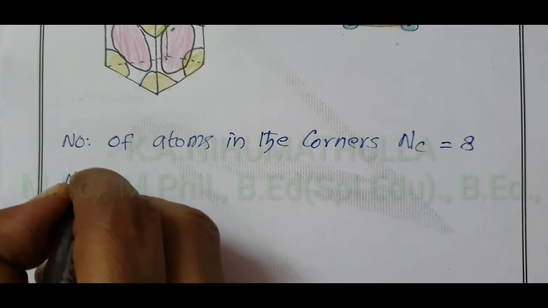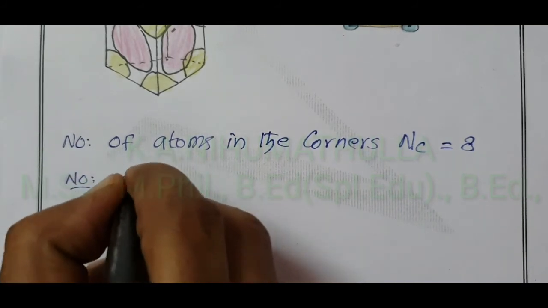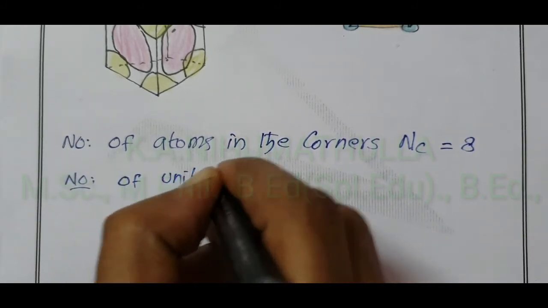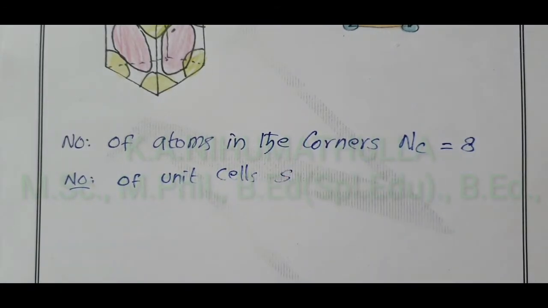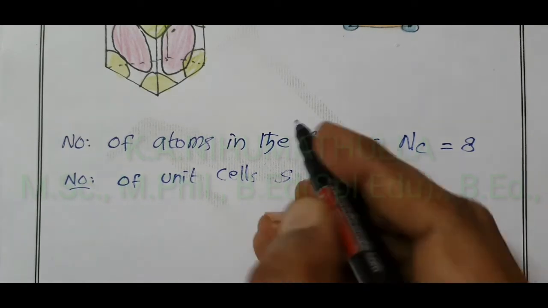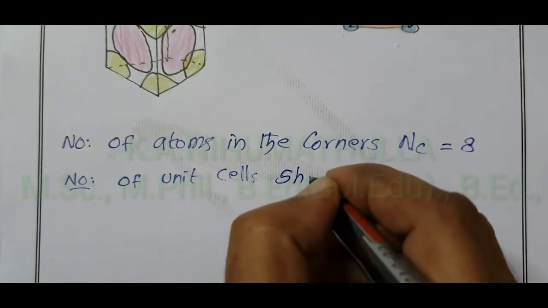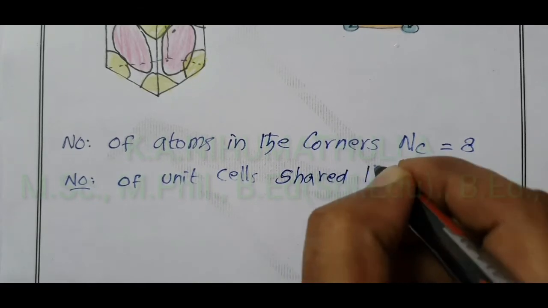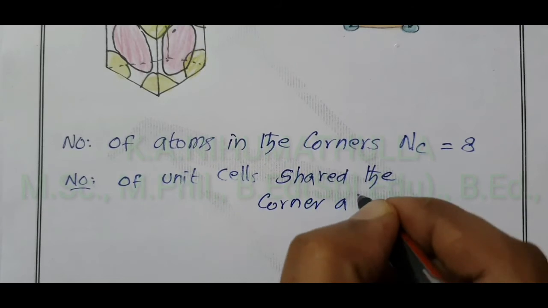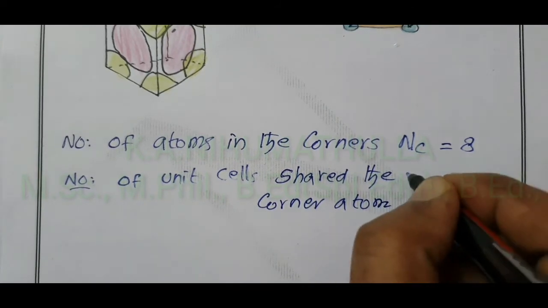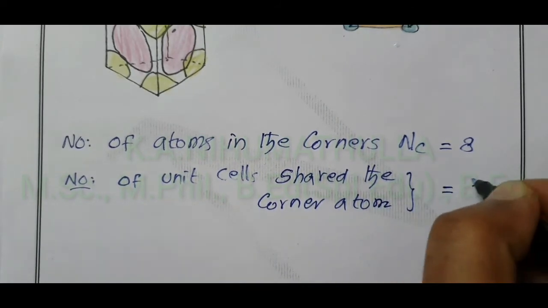Number of unit cells sharing the corner atom, as we have already discussed, is equal to 8.